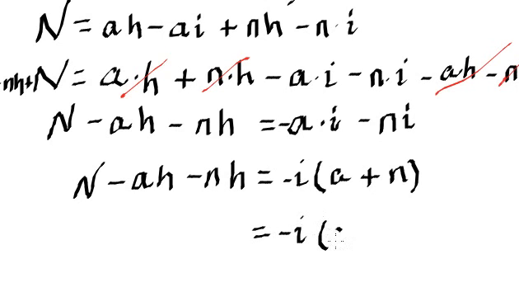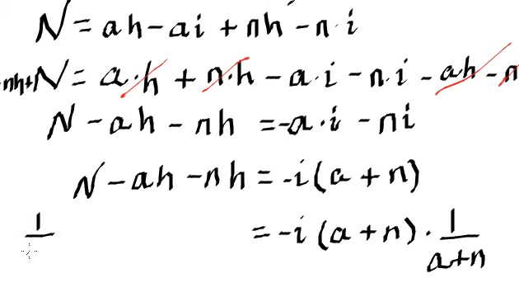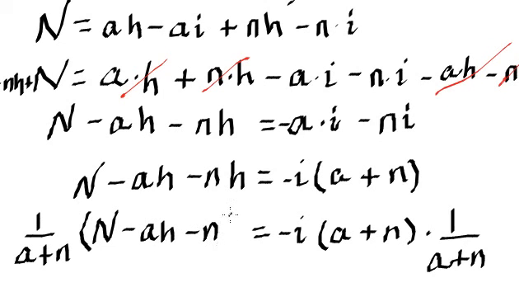So I'm just going to go ahead and rewrite all of this, times 1 over A plus N. And then over here I'm going to write 1 over A plus N, and in parentheses, N minus AH minus NH, and then close the parentheses.